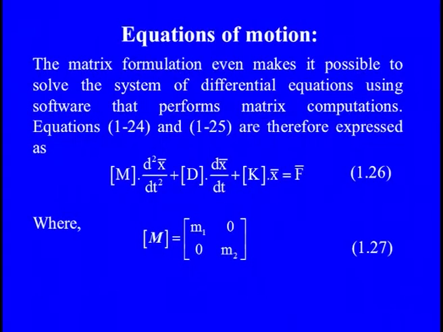If there are problems in the formulation, it seems that the degrees of freedom or the formulations are not being captured correctly. Equation 1.27 shows the mass matrices, symmetric along the diagonal, M1 and M2. Even if you go for higher degrees, it should be in the same manner. The damping and stiffness matrices are also in a similar manner.